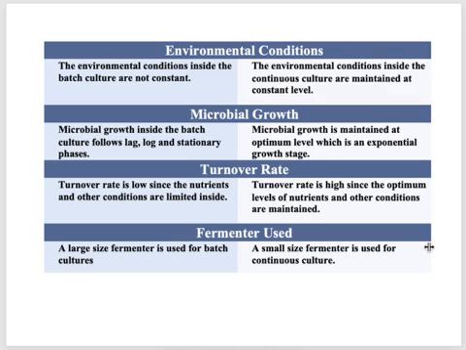If you want to produce this 1000 kilogram of product using a batch fermenter, your fermenter needs to be so big that you can culture enough microbes to give you that product, because we do it in a batch way.